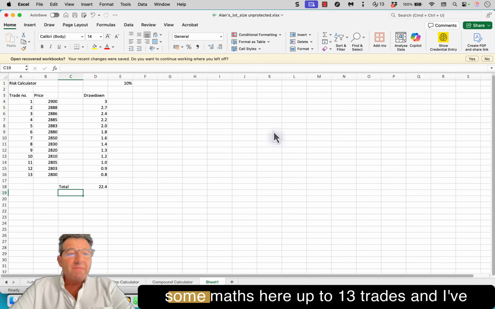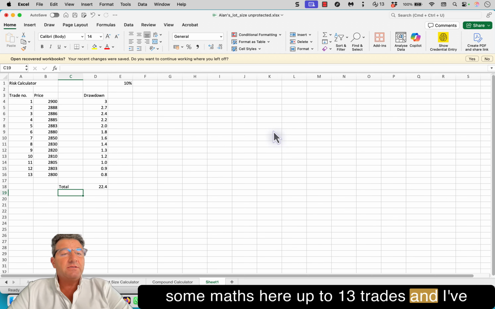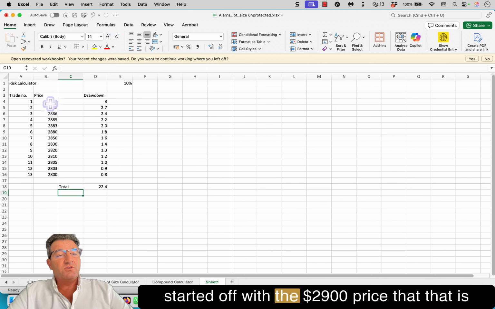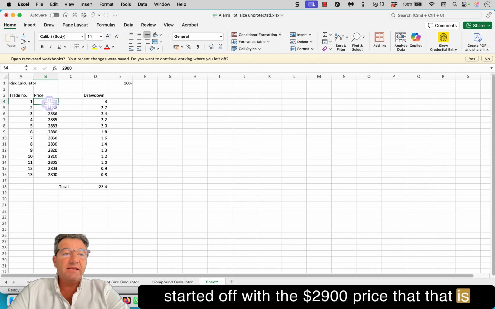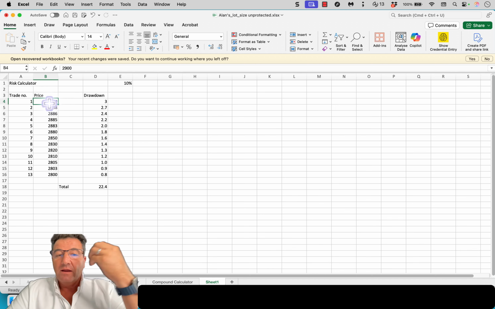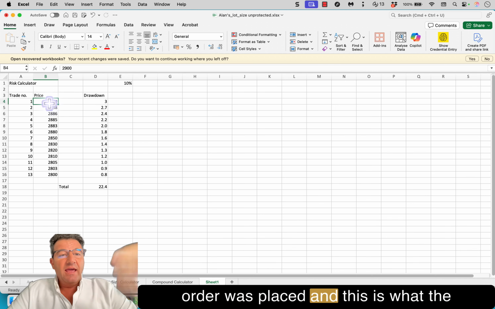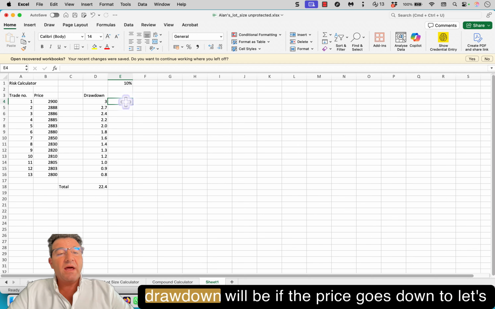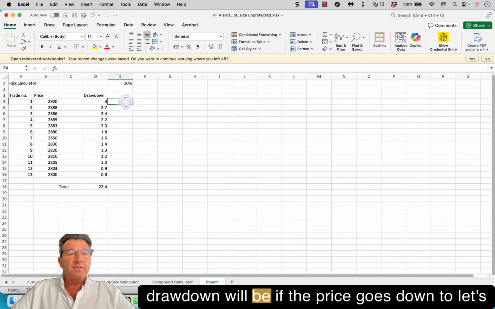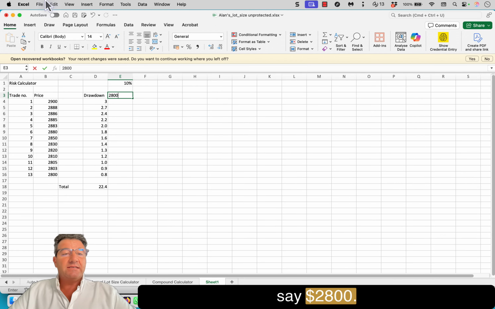I've done some maths here, up to 13 trades, starting off with the 2,900 price where the initial order was placed, and this is what the drawdown will be if the price goes down to, let's say, 2,800.